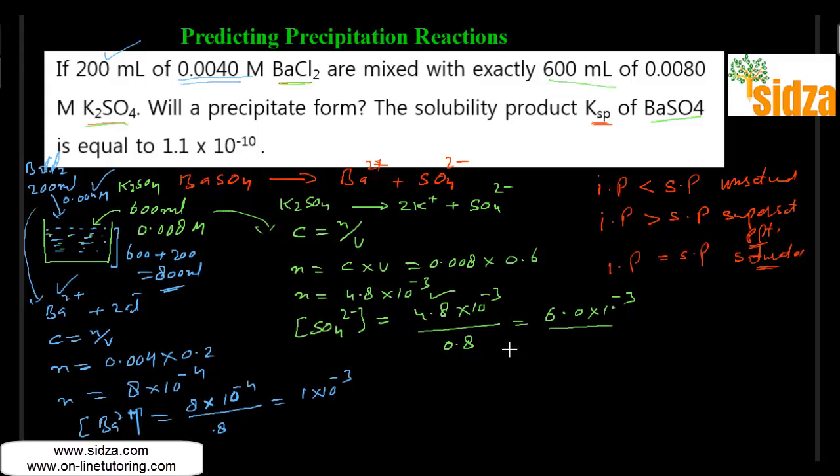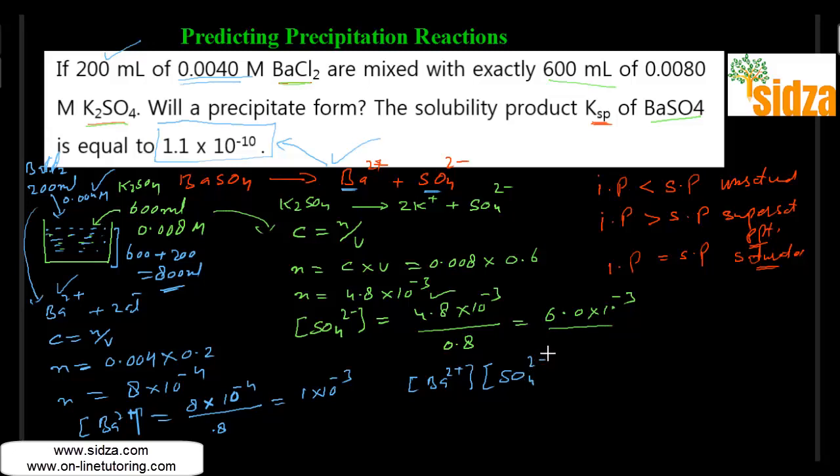And we know the solubility product of the barium sulfate, which is given by the concentration of the barium and the sulfate. Now let's find the ionic product of the barium sulfate, which is the barium ion concentration times the sulfate ion concentration.